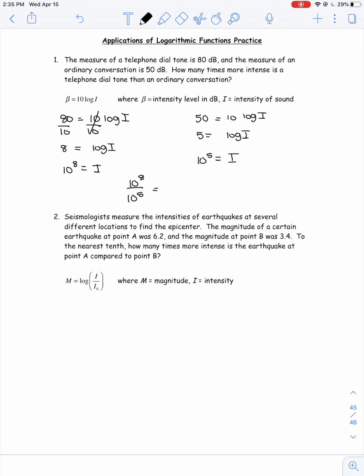So 10 to the power of 8 divided by 10 to the power of 5. And you should get that it is 1,000 times stronger. So we know that the dial tone is 1,000 times stronger than the original conversation.